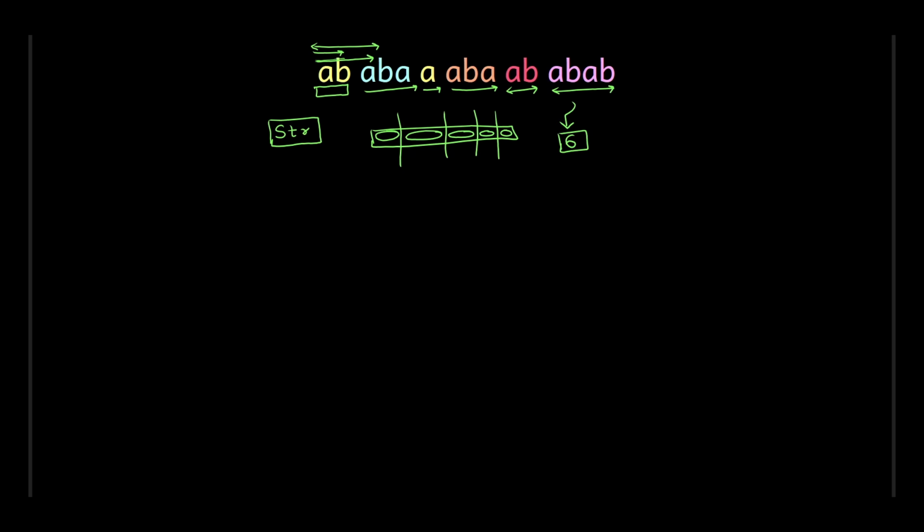In this video, we will talk about 6 different solutions to the same problem, and we'll optimize this from n to the power 4 to n to the power 3.